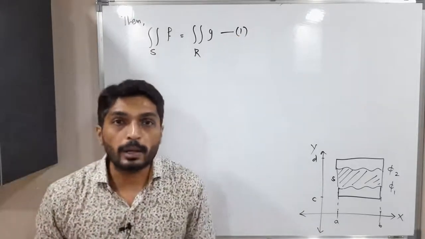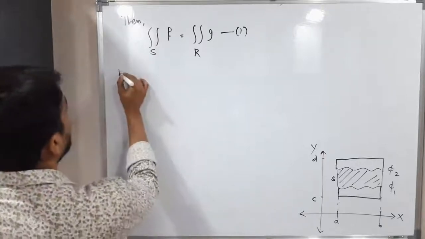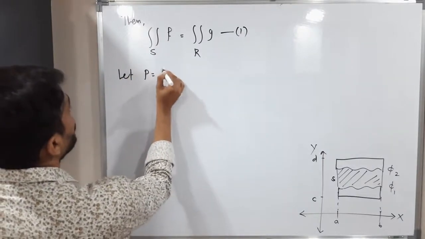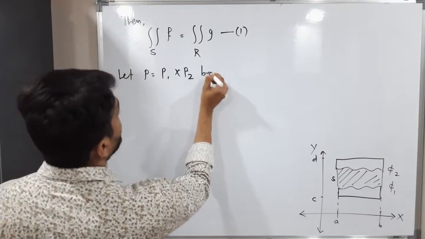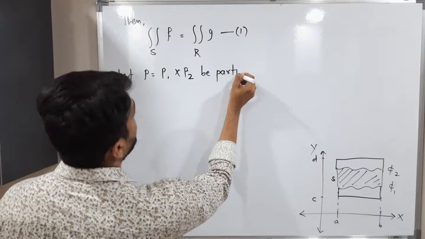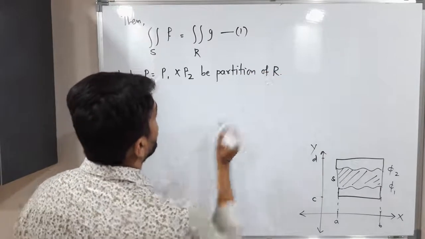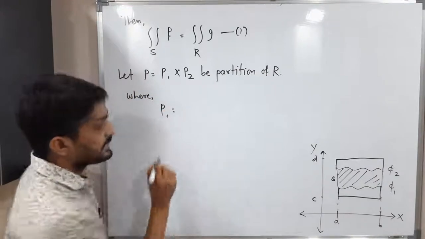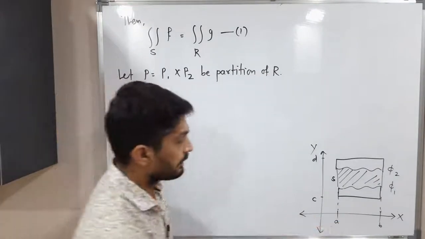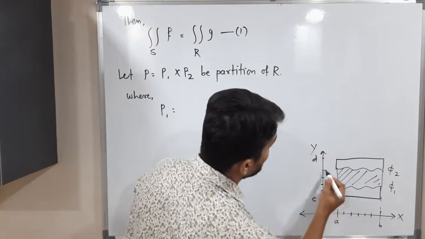After that, what will I do? I am going to take a partition of this rectangle R. Let P equal P1 cross P2 be a partition of R, where P1 is a partition of the closed interval [A,B] and P2 is a partition of the closed interval [C,D].